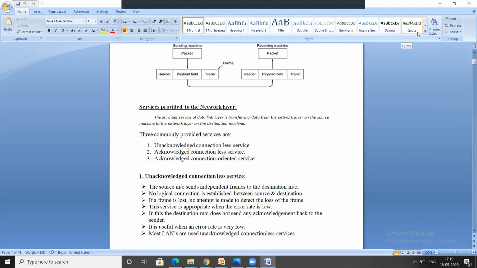Very simple. We need to know what is acknowledged and what is unacknowledged, and the second one, what is connection oriented and what is connectionless. First, coming to acknowledged and unacknowledged. Acknowledgement is when the sender sends a message to the receiver, and in reply to the message, the receiver gives a reply.